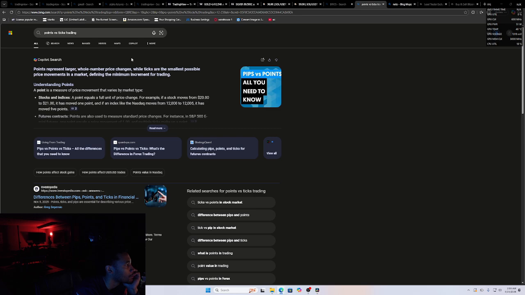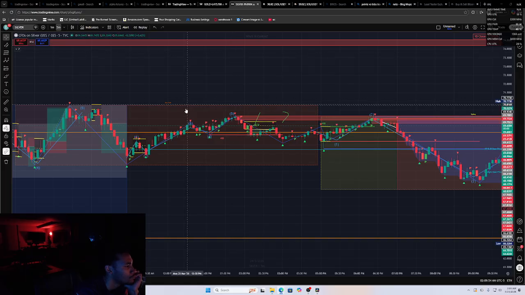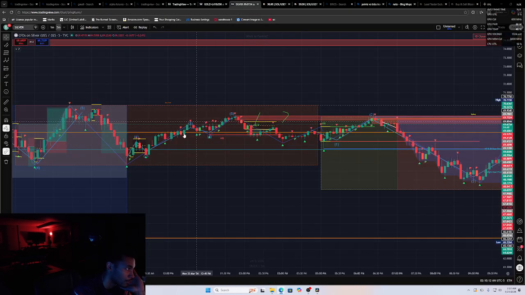Larger whole number, points. Ticks would be... They almost seem the same. Smallest possible price movements, while points is the whole number price change. Smallest makes sense. They're the same thing. Don't stress yourself out.